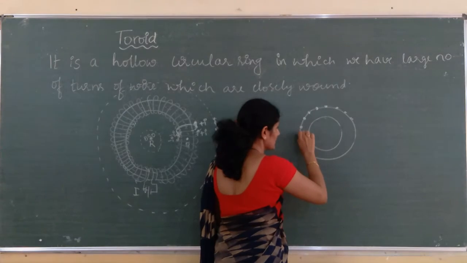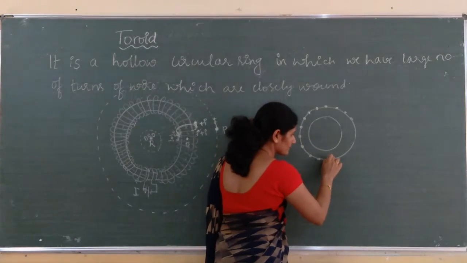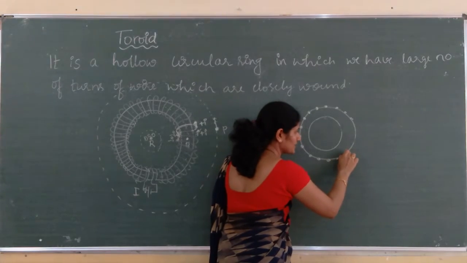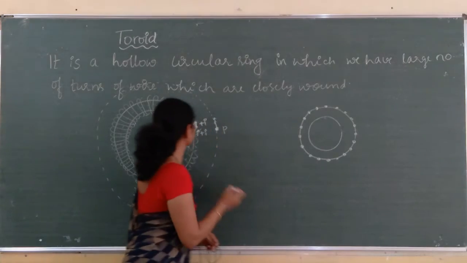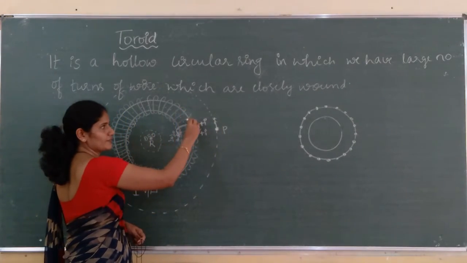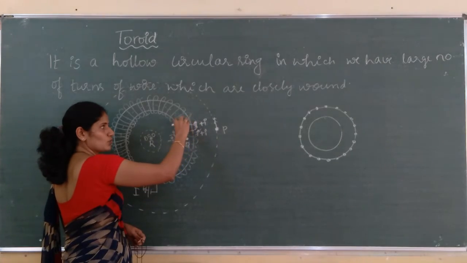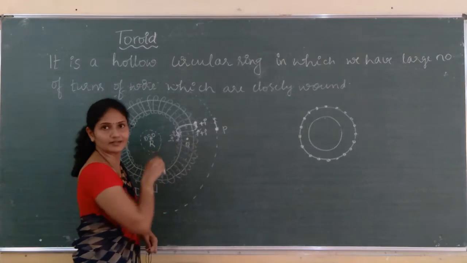I am using a dot here because on this surface the current is coming like this, and after that it moves like this and at this point it enters in.